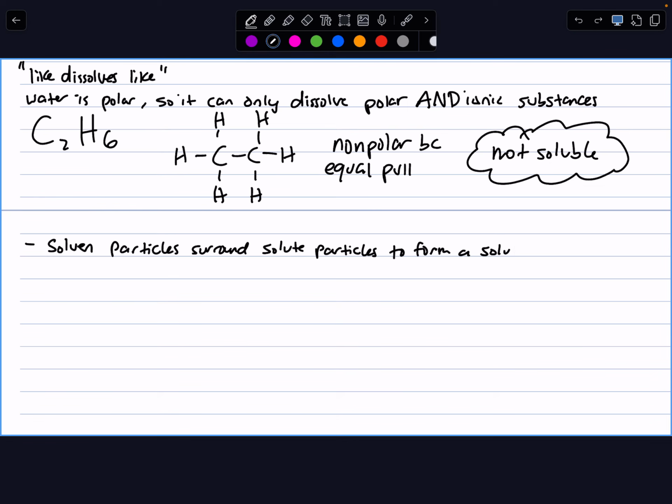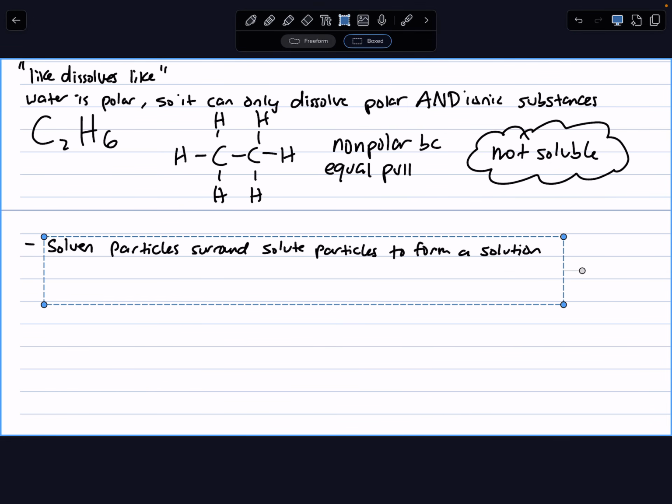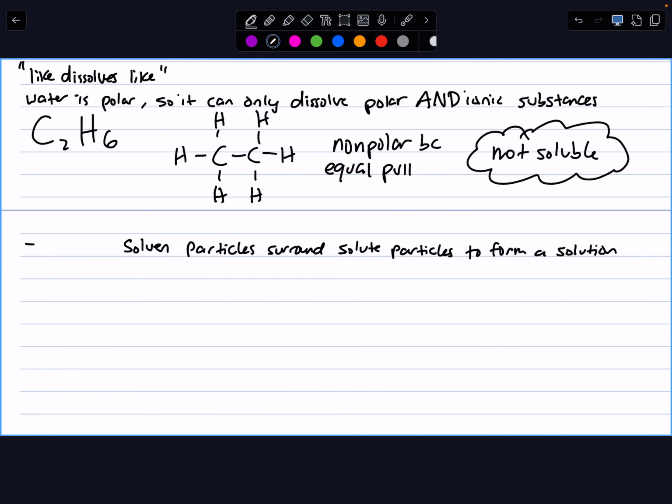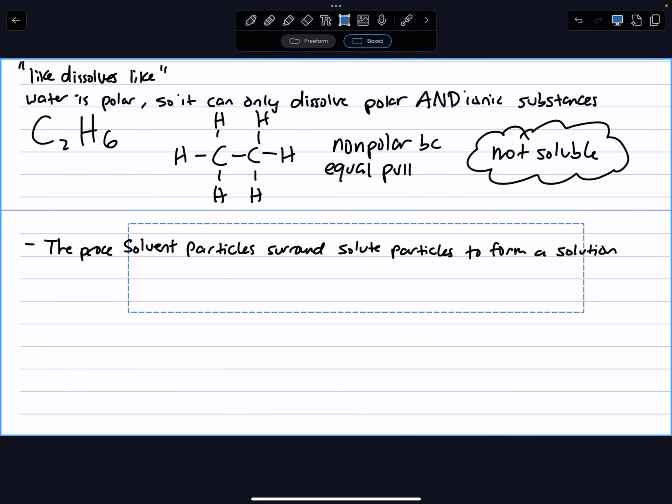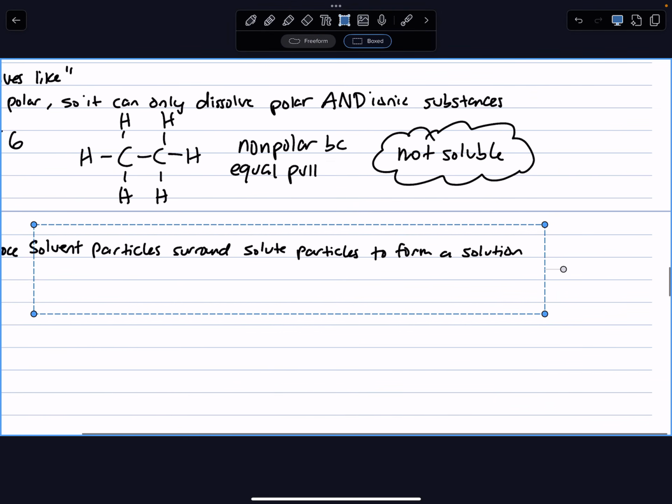What is that? You guys know this. So close. Solvation. That's the process. So hold on, let me just edit this. Dissolving in the solvent.